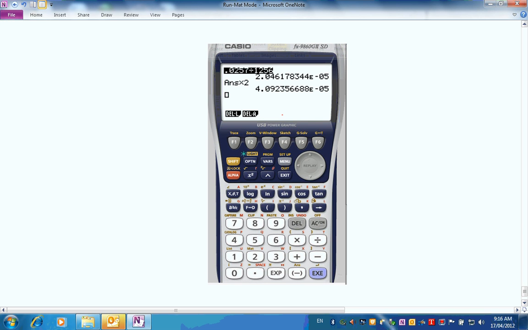And we have these options here. You have a choice here of deleting last entry or deleting all entries and have a completely clear screen. So again, you would access either of these by the F key below them.